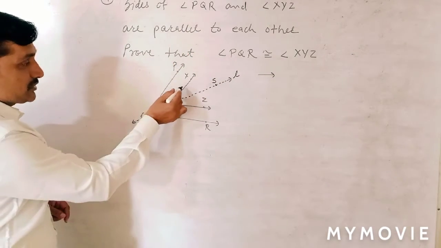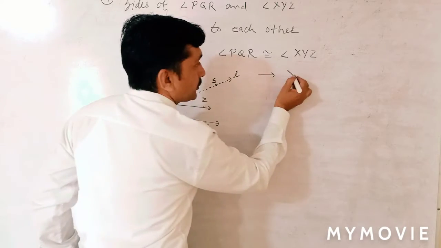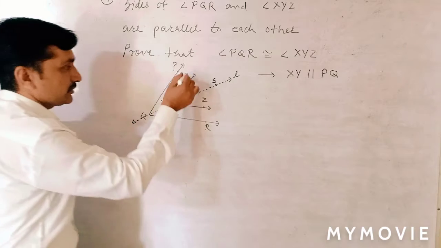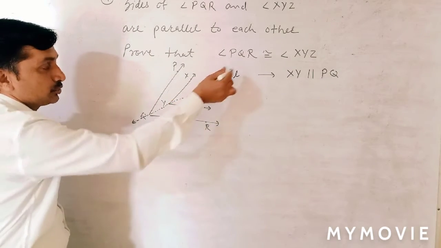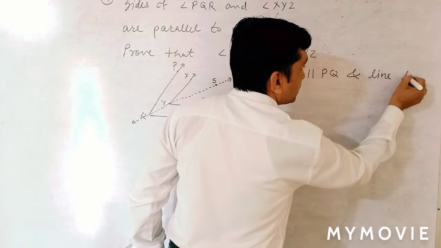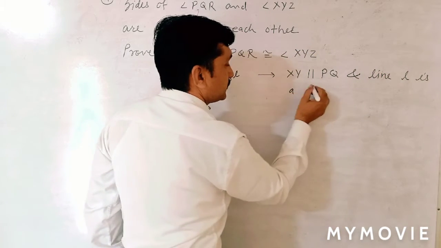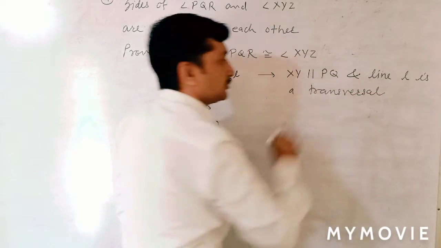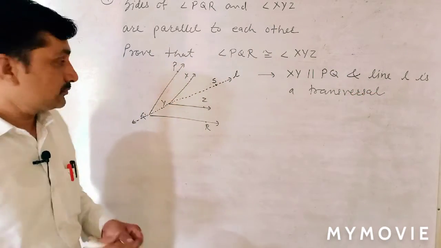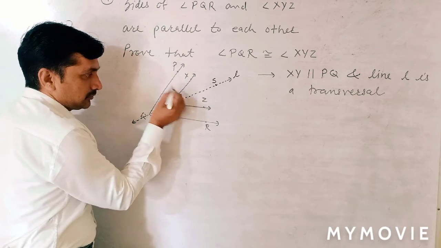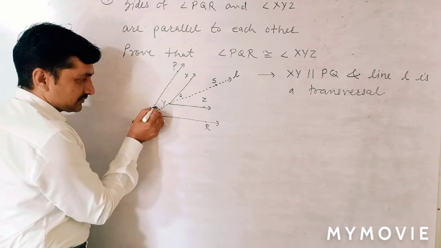Take one by one. First take XY parallel to PQ. XY is parallel to PQ, and line L is a transversal. Then this angle is congruent to this.